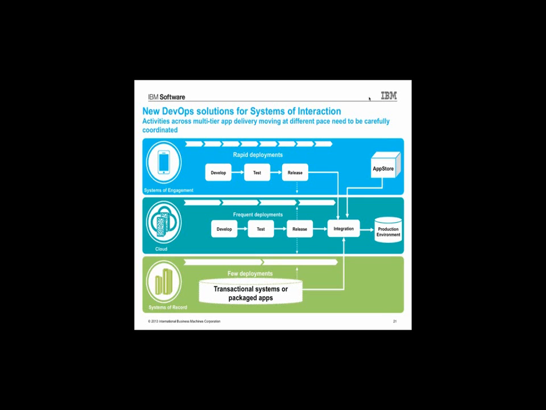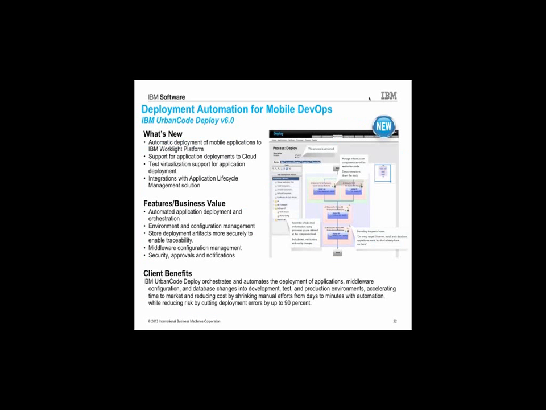And then down below are the systems of record. The reality is that a full system involves all three of these components at least. Coordinating the deployment of these into your testing environments, and then your pre-production and post-production environments, is really challenging. This is where we've introduced deployment automation for DevOps and even for mobile DevOps.